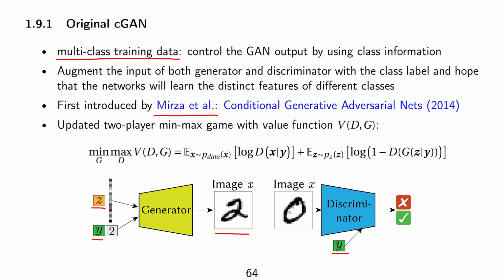So going to the equation then, the data is generated conditioned on this class y, and then the discriminator has to correctly discriminate the input data x that is conditioned on y.